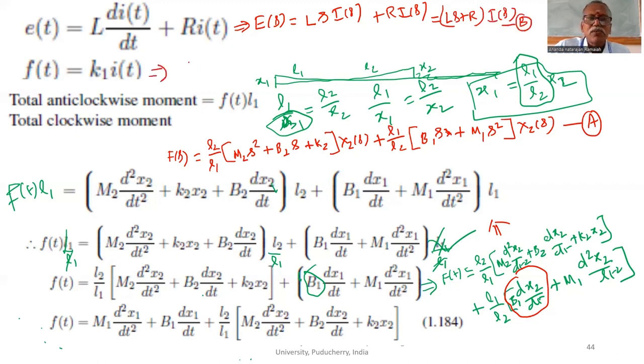Here, if you take the Laplace transform, you will get F of s equal to k1 I of s. From B, you can substitute I of s.